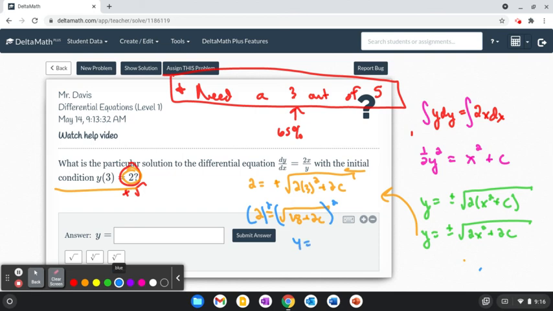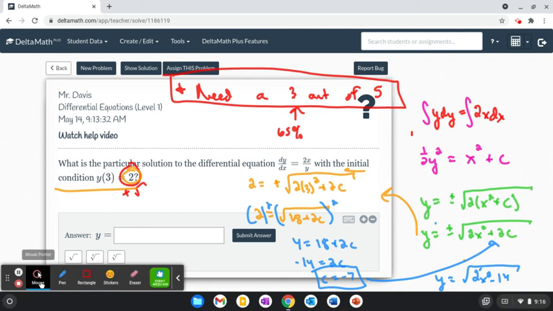So I get 4 equals 18 plus 2c. So we get negative 14 equals 2c, and so c equals negative 7. Then we just replace that in there. So we get y equals the square root of 2x squared minus 14. And that is all there is to it.